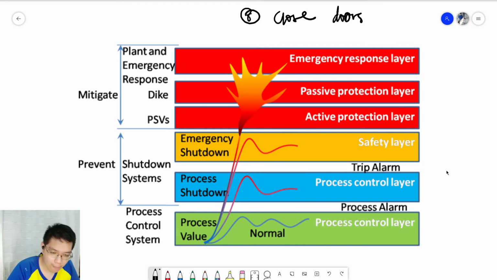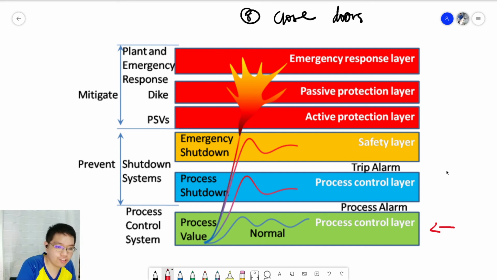For process shutdown here, for example, in this graphic, you can see the normal values are down here. These are the expected values within the system.